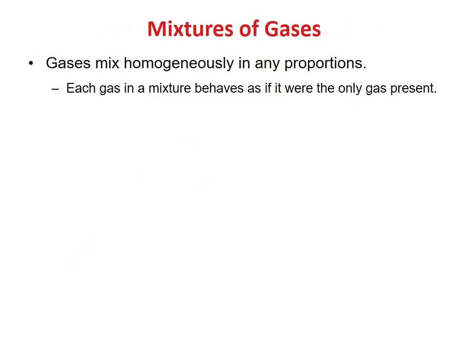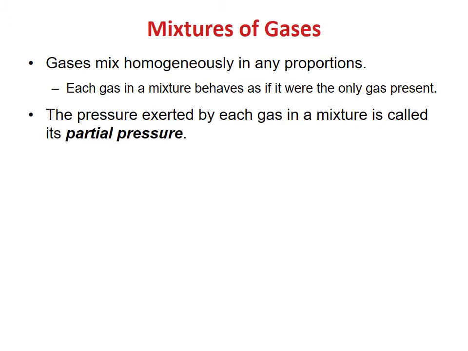Gases mix homogeneously in any proportions. Each gas in a mixture behaves as if it were the only gas present. The pressure exerted by each gas in a mixture is called partial pressure. For example, if we have a mixture of A and B, A has a partial pressure PA, and B has a partial pressure PB.